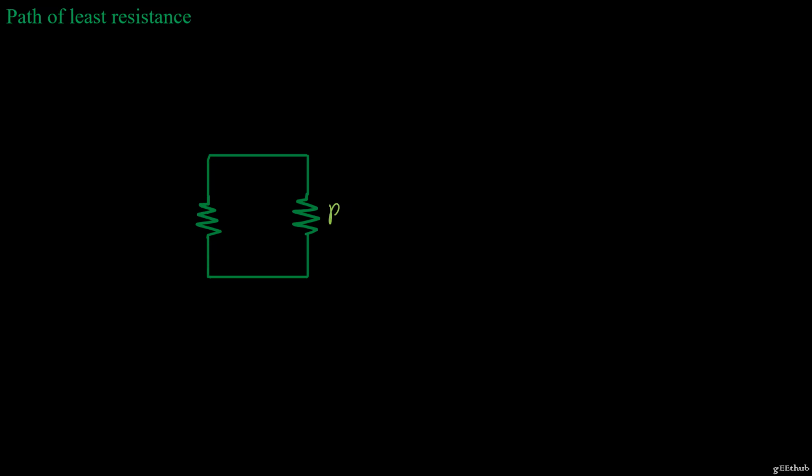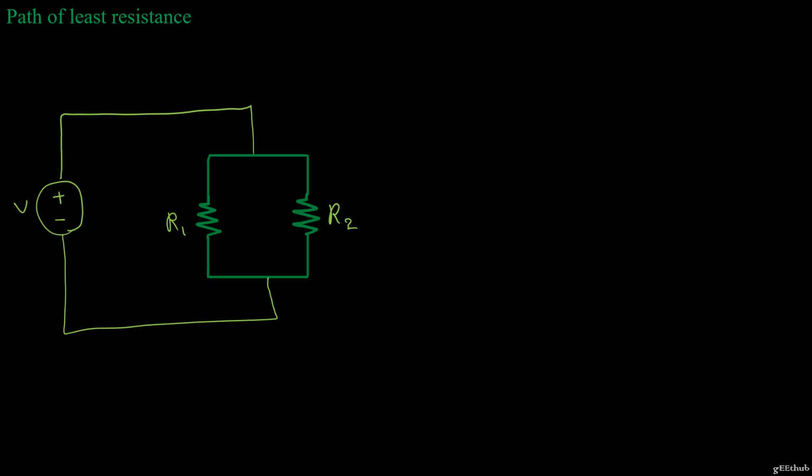Repeating the same process for two resistors in parallel this time, I'll connect them to a voltage source V. Since the positive terminal of this voltage source is in the same node as the top terminal of these two resistors, and the bottom terminal of the voltage source is in the same node as the bottom terminal of these resistors, I know that the voltage across these two resistors must be the same as my voltage source.